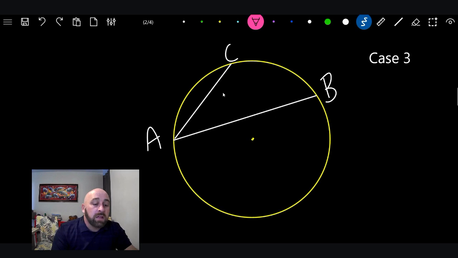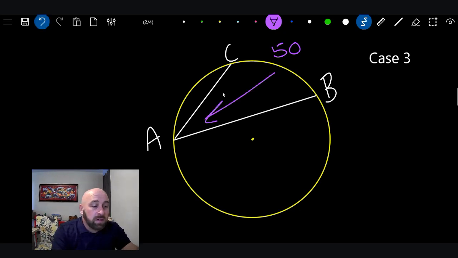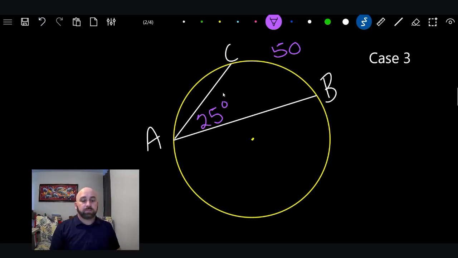All right. But what do we know about this? Let's say that we know that this is 50 degrees. Okay? We know that that arc degree is 50. Well, we still know that that angle right there is going to be 25 degrees. Why? Because it's half of the intercepted arc.